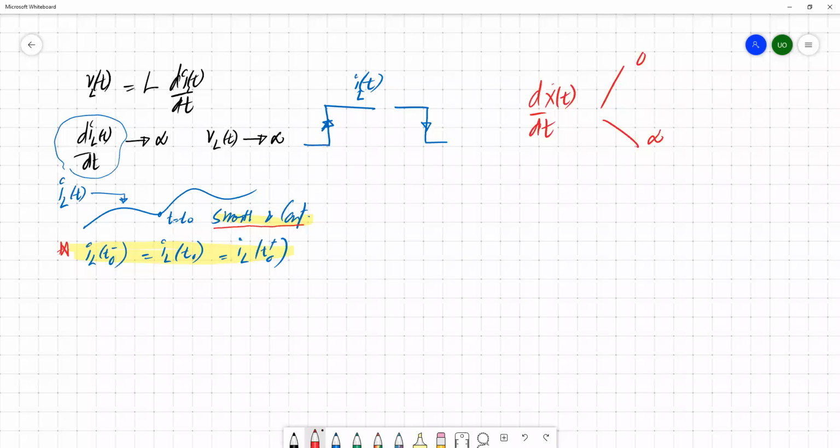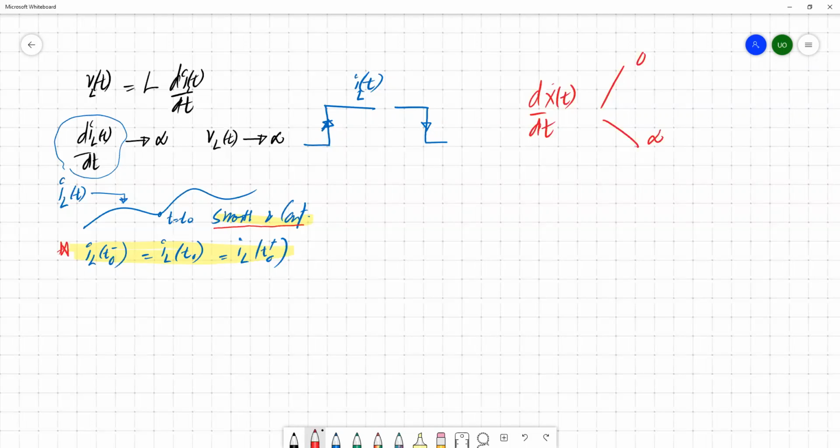This is not practical in a normal scenario because it cannot drain infinite voltage or current from a fixed finite source. So we argue that capacitors cannot manage sudden changes in their voltage, and inductors cannot manage sudden changes in current. This is the very simple summary of capacitors and inductors.